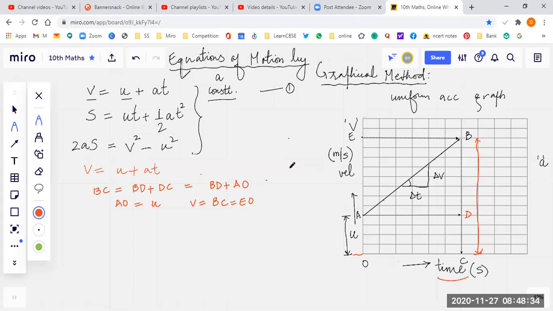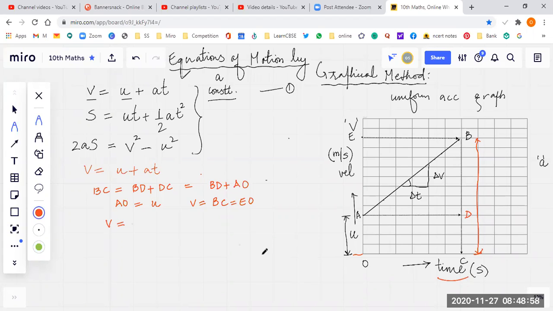Now, students, you see what is V? V is EO. Can I say EO is equal to EA plus AO? So we can say BC is equal to BD plus DC.